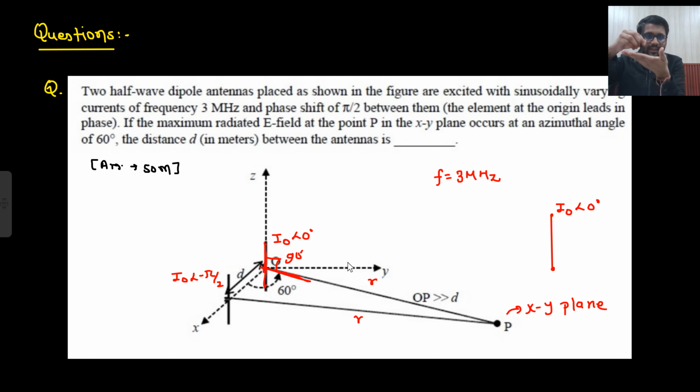The point P is in the xy plane and the antenna is along the z axis, so the angle will be 90 degrees. So sin 90 would be 1. Then e to the power minus j beta r into j beta r cap.